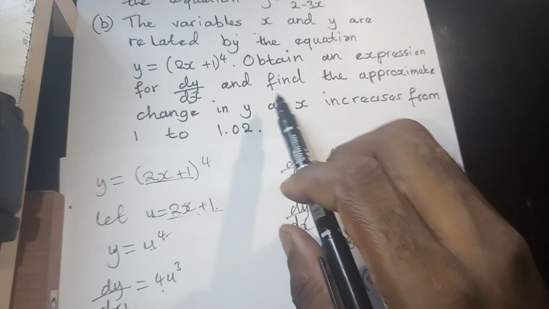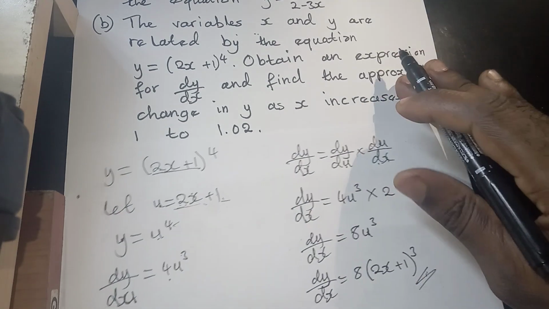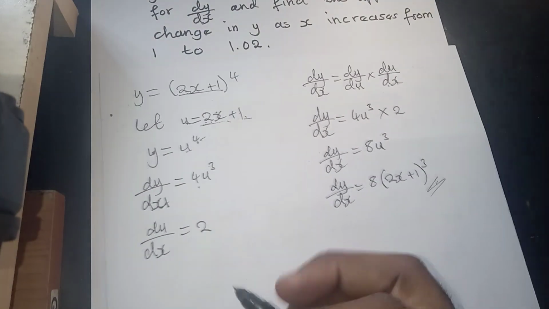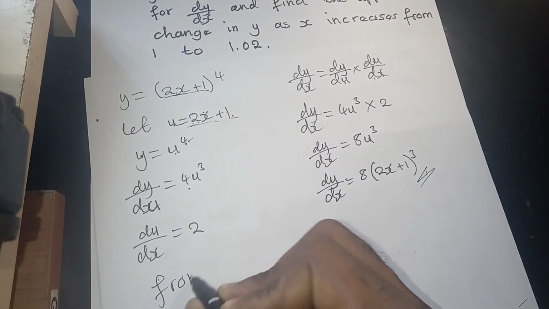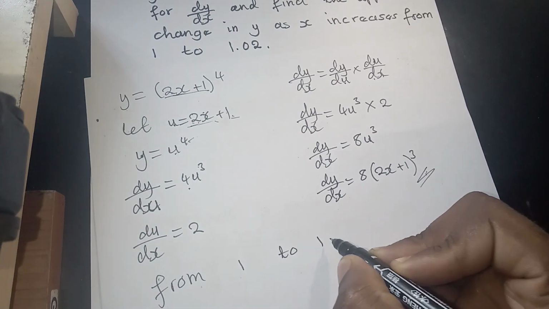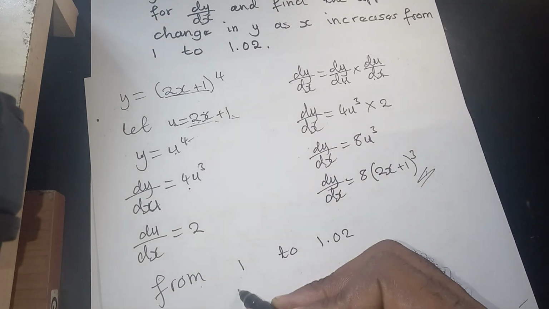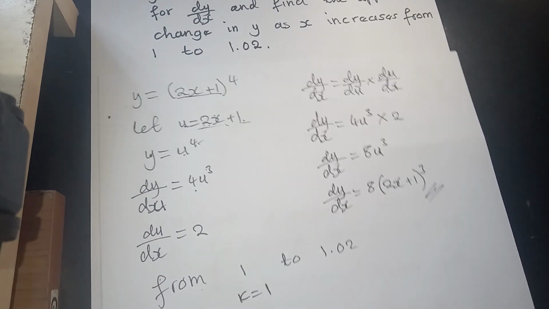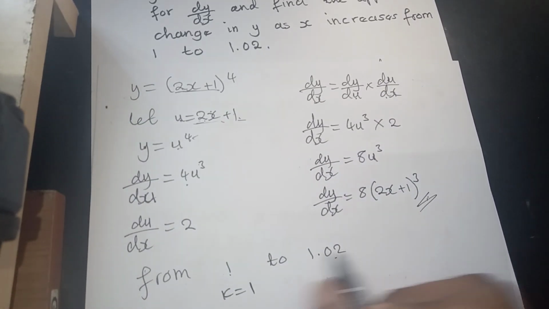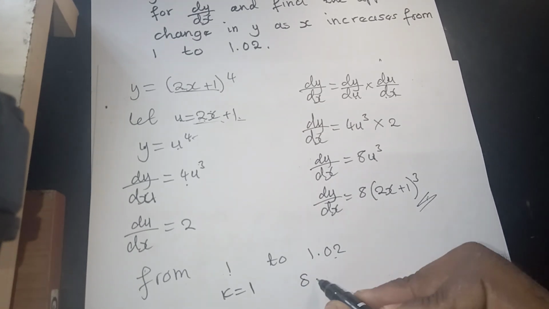And then the second part is saying find the approximate change in y as x increases. So x is increasing from 1 to 1.01. The initial value of x is called k, and then the difference between these two is called the small increment, usually denoted by this.